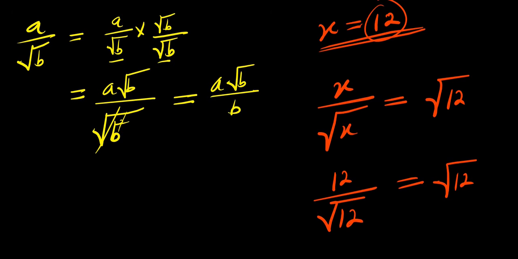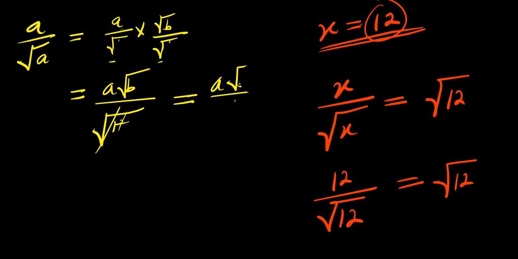Now, for instance, if maybe this place is a, this is a, and this is a, all these are a, right? That means everything will change. So this will now be a divided by square root of a.